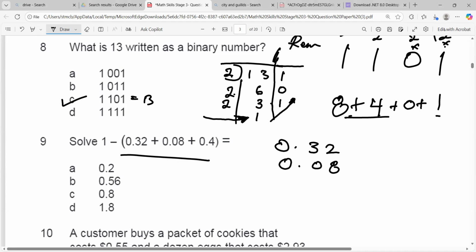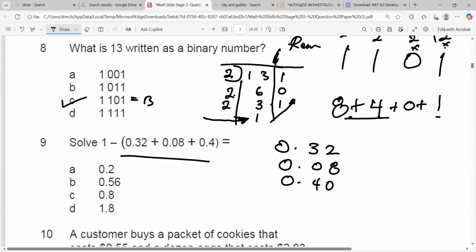So 8 and 2 is 10, plus the 0, so 0 carry 1. And then of course we have 4 and 3, 7 and 1, 8. So this is 0.8. We subtract it from 1, so that would leave 0.2, right? Remember guys, this is 1 whole.